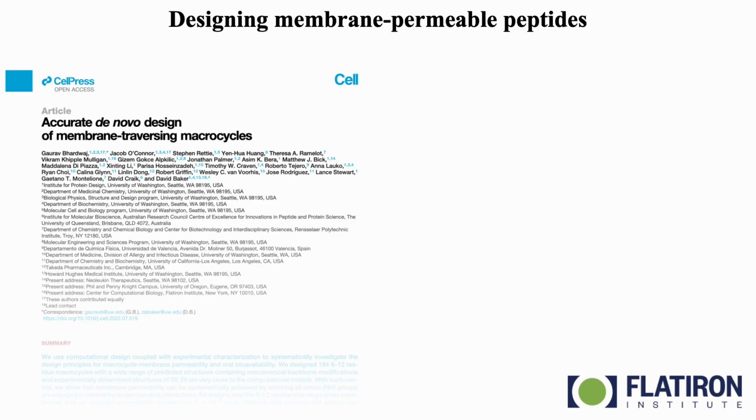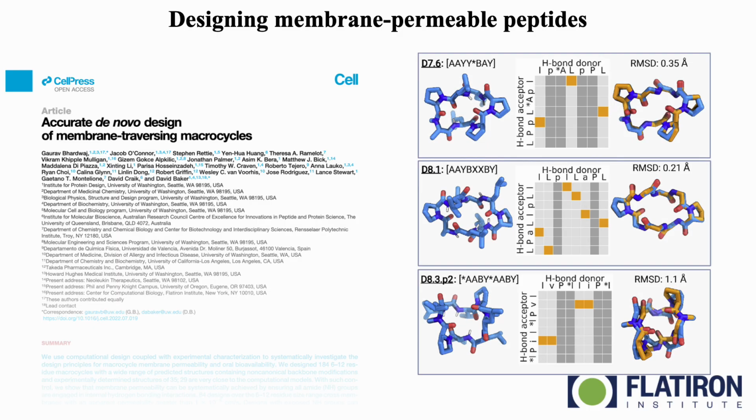We're also able to design membrane-permeable peptides. And this was a paper we had in Cell a couple of years ago, where we designed several peptides that were able to penetrate the cell membrane by adopting conformations where they internally satisfy all their hydrogen bond donors and acceptors so that there's very little desolvation penalty associated with passing into the bilayer and losing the interactions with water.